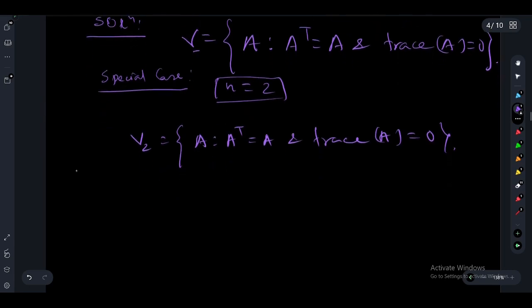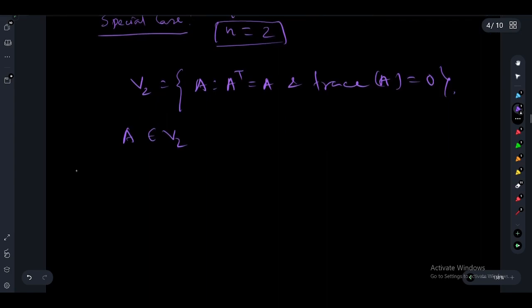Now take an arbitrary element from this. A belongs to V2. Then how can we write A? A is A11, A12, A21, A22. This is an arbitrary element of V2.